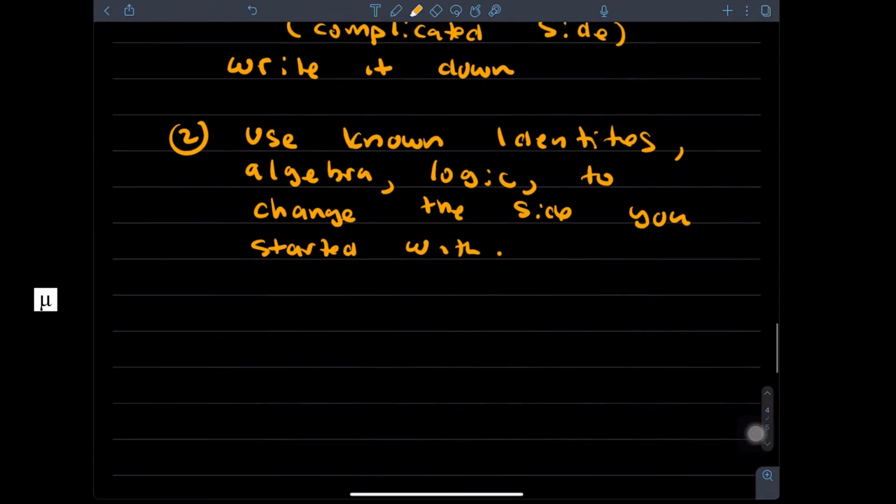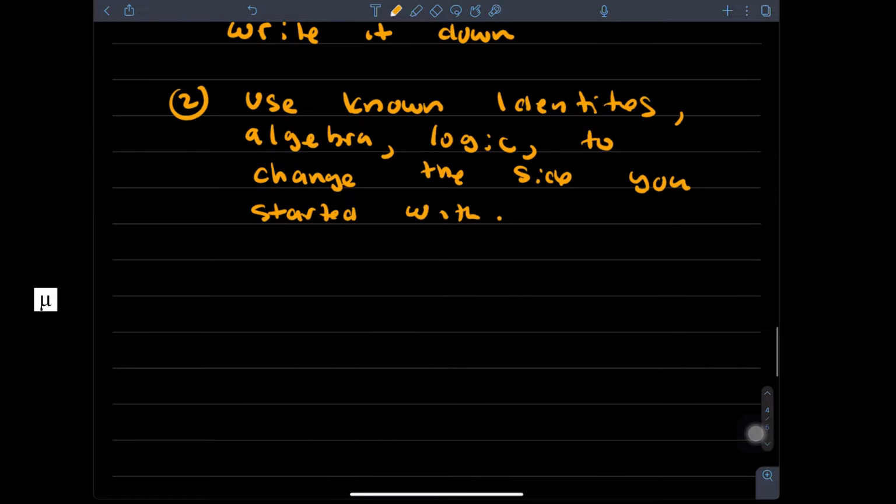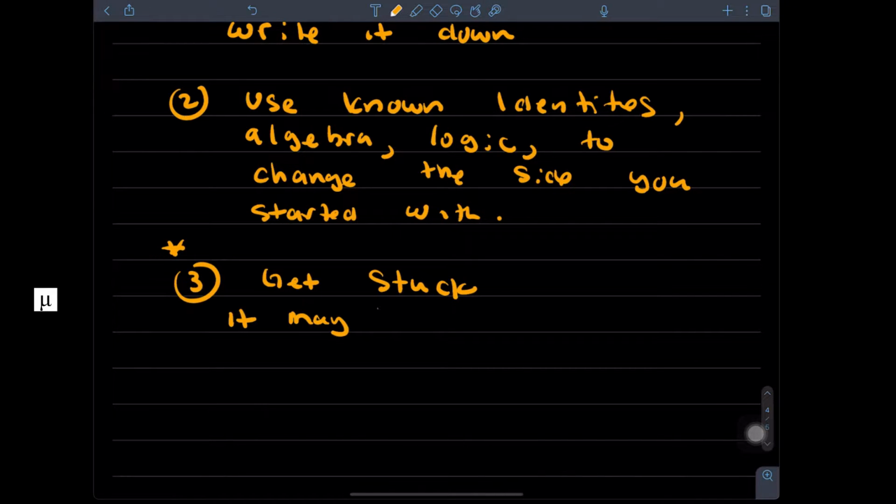Anyway. And then here's a special guideline, okay? If you get stuck, you're going to convert. I'll say it may be helpful to convert your terms to sines or cosines.